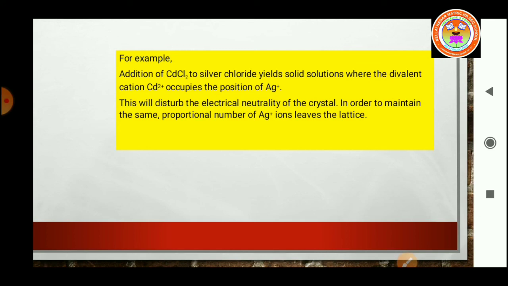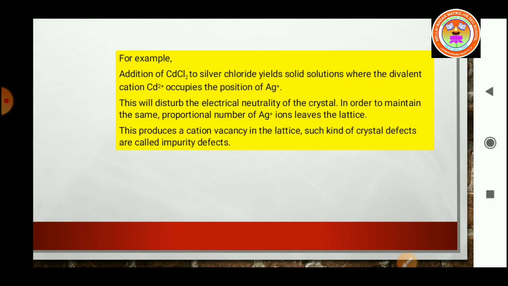Okay. So if 1 Cd2+ is to occupy the space, we have to remove 2 Ag+. Only then is electrical neutrality maintained. So this produces cation vacancy in the lattice. Such kinds of crystal defects are called impurity defects.